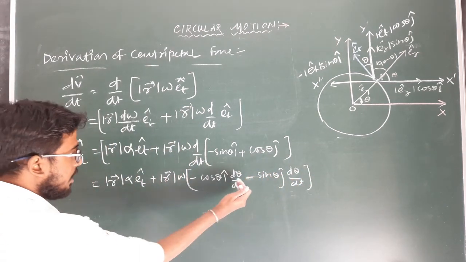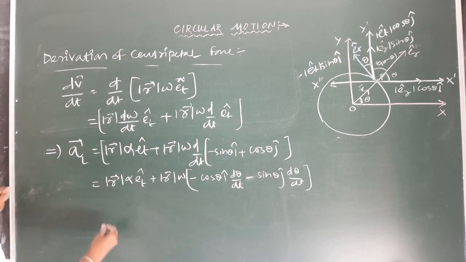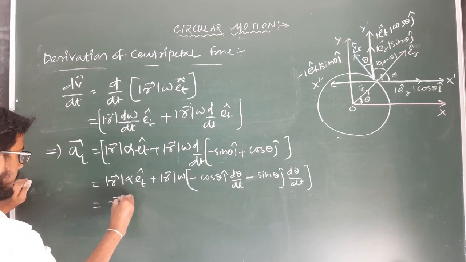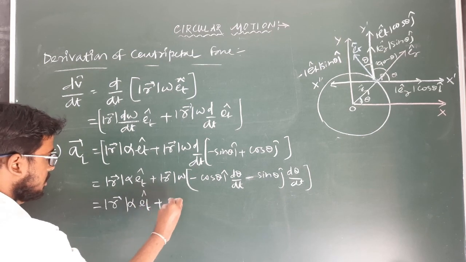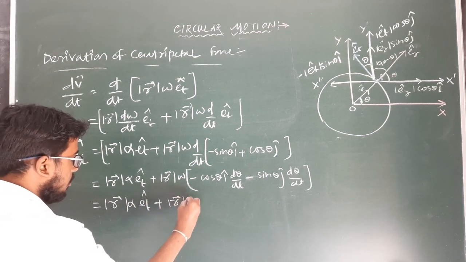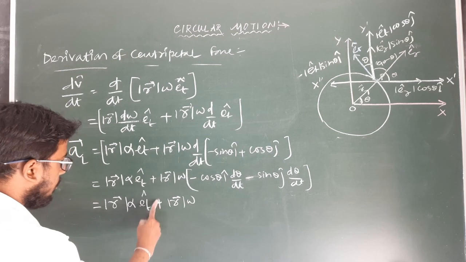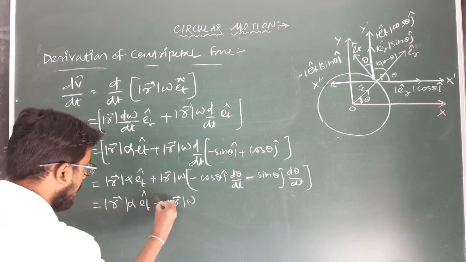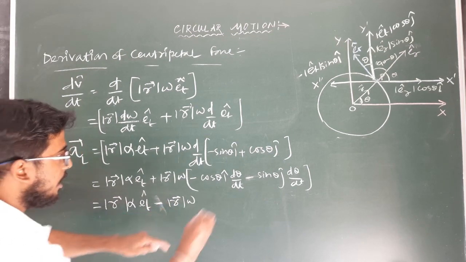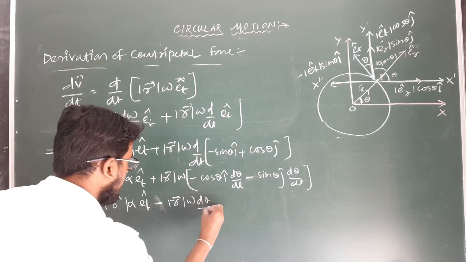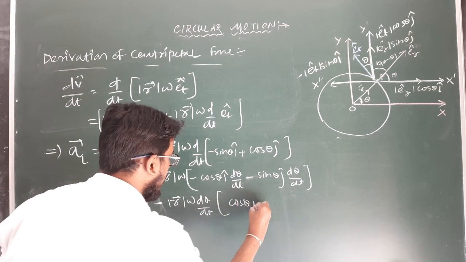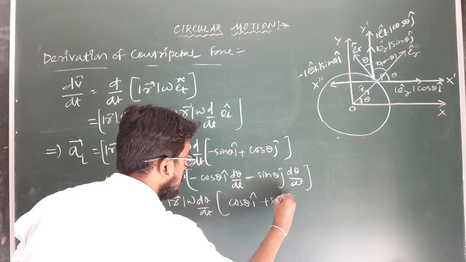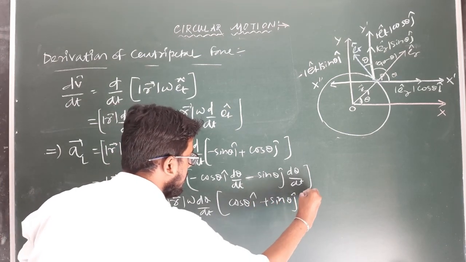Clear? So now taking minus and d theta by dt out of the box, it will be |r vector| alpha Et cap plus |r vector| omega, the minus will come out of the bracket, so it will be minus |r vector| omega into d theta by dt, and within the bracket it will be cos theta i cap plus sin theta j cap.